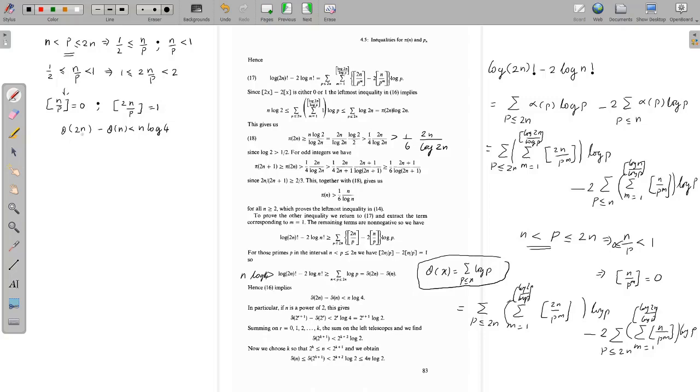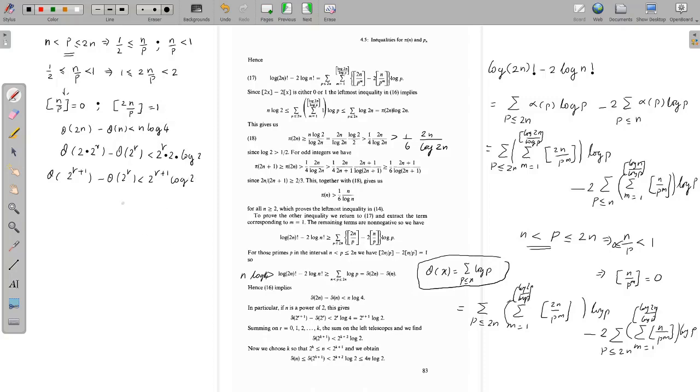By putting n equal to 2 raised to r in this inequality, you will get theta of 2 times 2 raised to r minus theta of 2 raised to r less than 2 raised to r times log 4. This log 4 can be written as 2 times log 2. Consequently, we have theta of 2 raised to r plus 1 minus theta of 2 raised to r less than 2 raised to r plus 1 log 2.